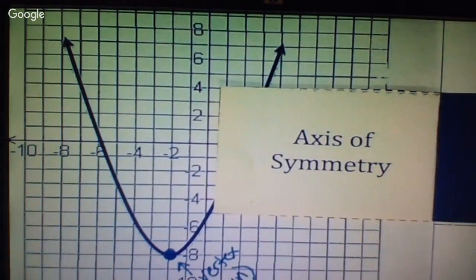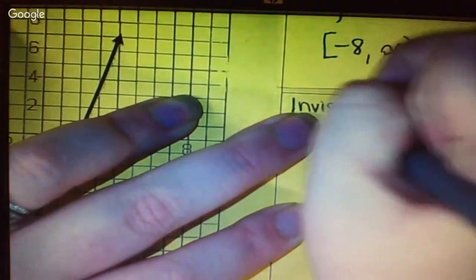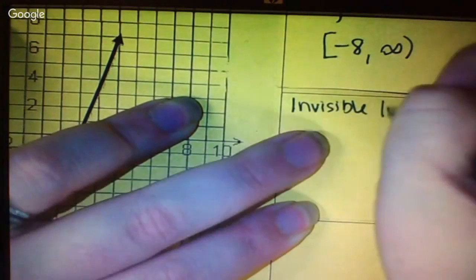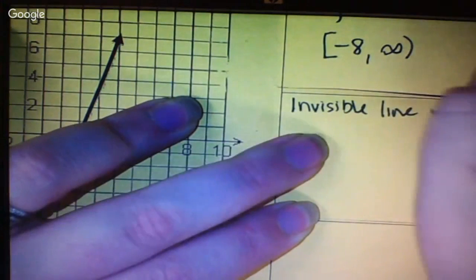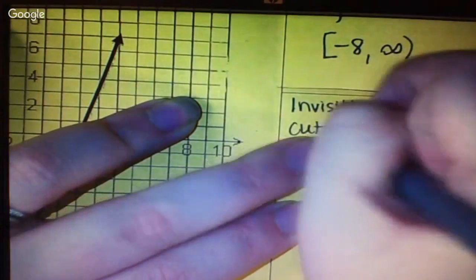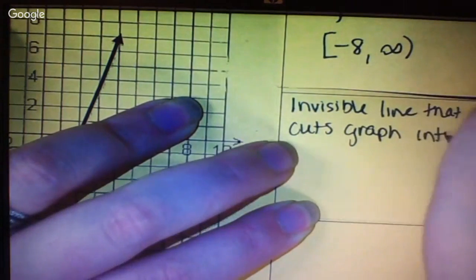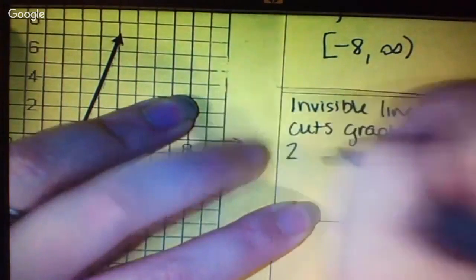And what did you say, Elijah? It's on your vertex. Okay, your axis of symmetry is an invisible line that cuts your graph into 2 equal sections.